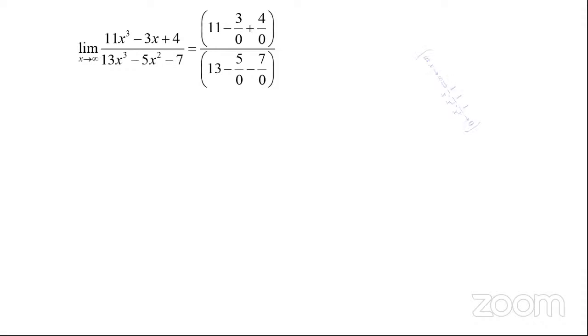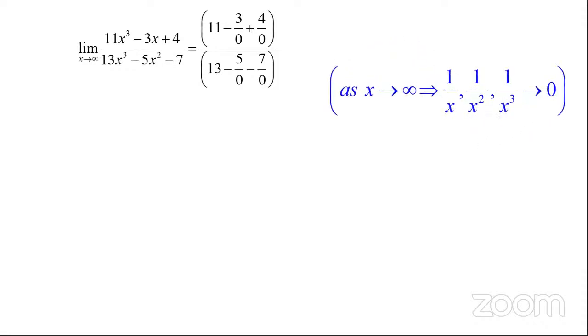So why can we write this, sir? This is the condition. As x tends to infinity, 1 by x, 1 by x square, 1 by x cube, whatever it may be, will tend to 0. Sorry, this is the value of x, so not zeros here.